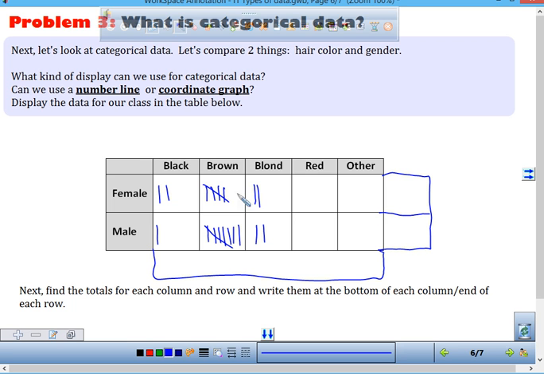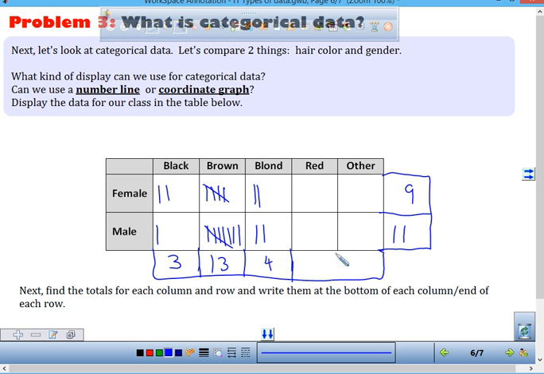We count 1, 2, 7, 9. Total male. 1, 2, 3, 4, 5, 6, and 5, 11. Okay. How many total with black hair? 3. Total with brown hair? 13. And total with blonde hair?